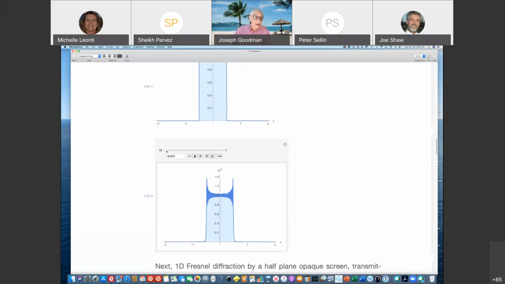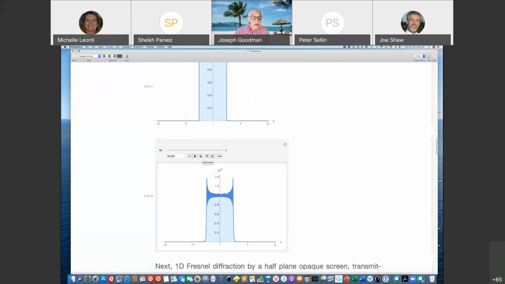And here we are at a product of lambda and Z equal 0.001. Now we're pretty close to the aperture. And you can see that the diffraction pattern is kind of hugging the aperture. We have this Gibbs phenomenon, if you like, that consists of ringing. And we have a little bit of overshoot here at the edge.